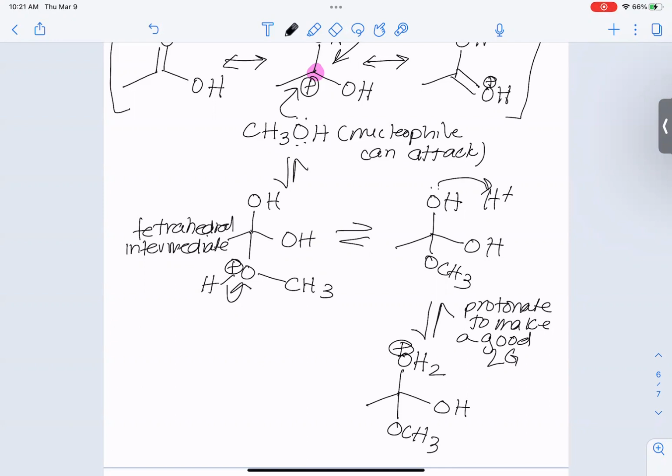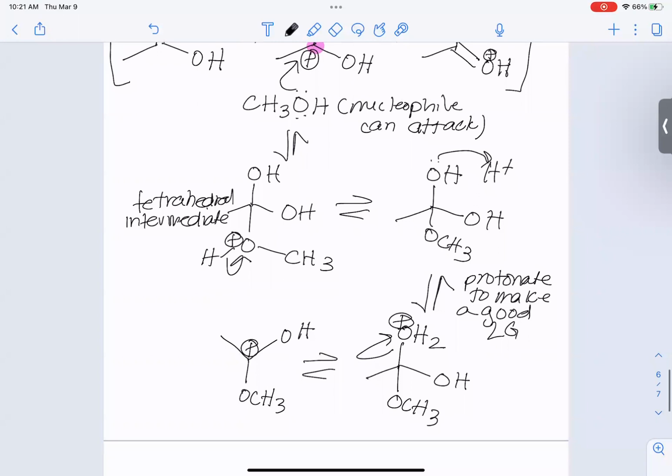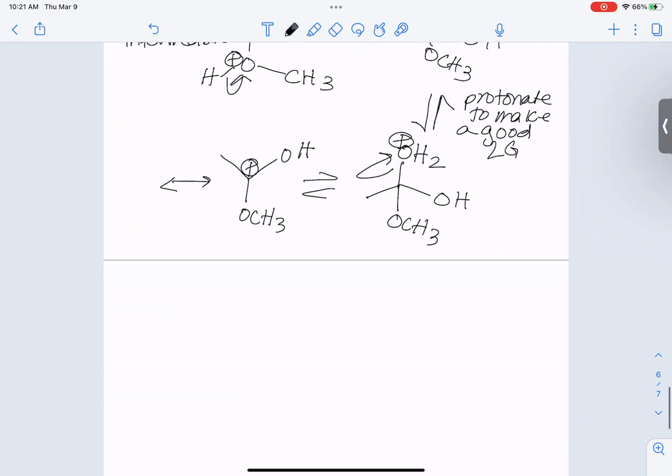So now we have a good leaving group and water can leave. And we have resonance. Actually, I want to scroll and make them all go in a line going down.